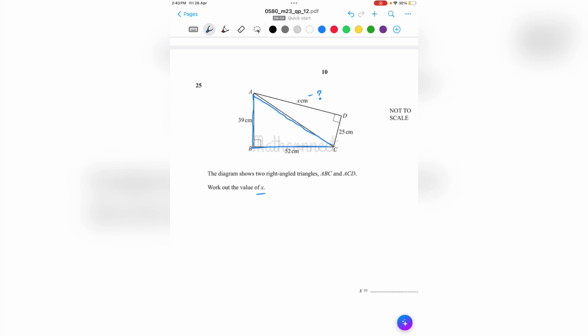Let us find the side AC by using the Pythagoras theorem. So we have AC square, which is the hypotenuse, equal to AB square, which is the height, and the base is BC, so plus BC square. So to find that, 39 square plus 52 square.